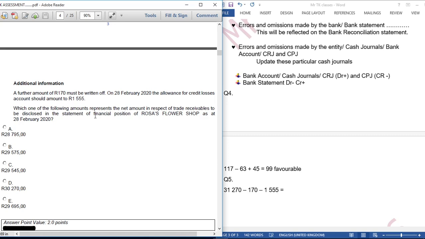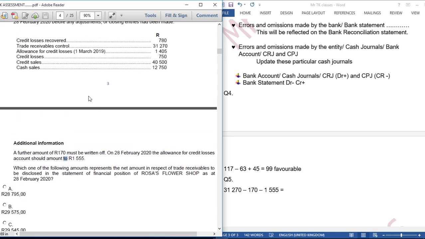The other one is the requirement, it's not an adjustment. There's something I want you to know here, and you have to pay special attention to this. Sometimes they will just say the allowance for credit losses account will increase by an amount. It means it is different, because you will already have an allowance for credit losses.